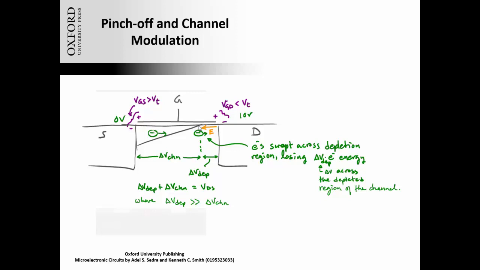So the same 1 volt divided by a slightly shorter distance will produce a slightly greater electric field in this channel. That slightly increased electric field will produce a slightly increased current through this channel.